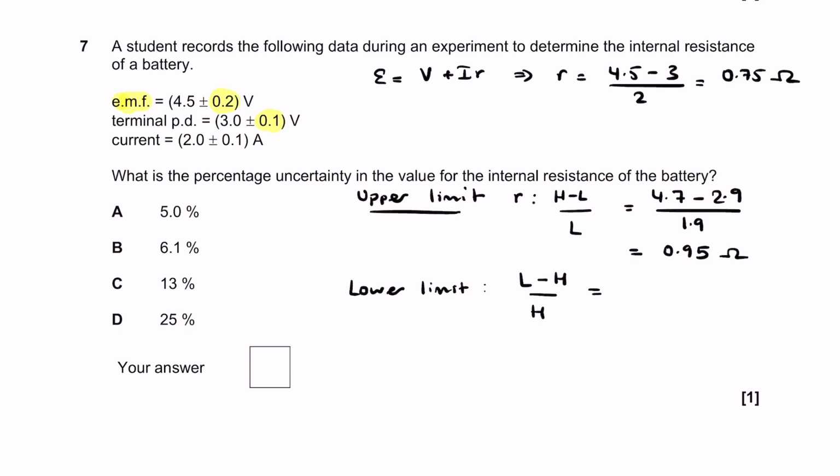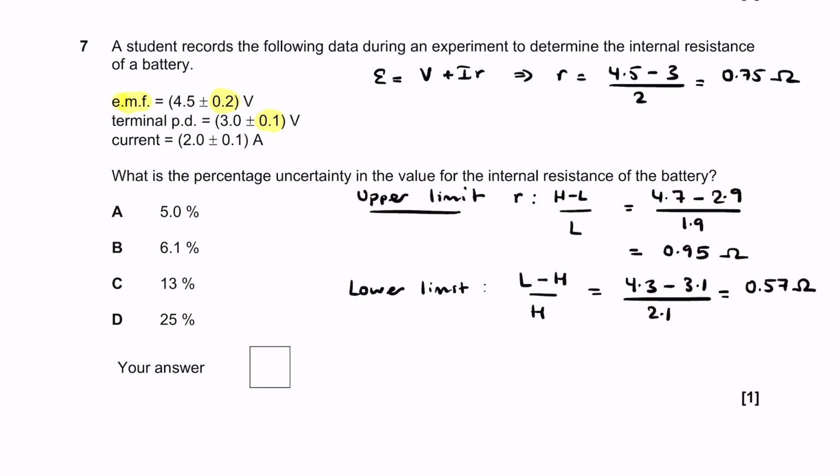So the lower limit is 4.3 minus the upper limit 3.1, divided by the upper limit of current, which is 2.1. And that gives me a value of 0.57 ohms. So now we're almost there.